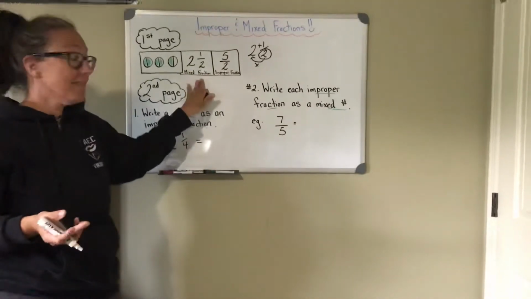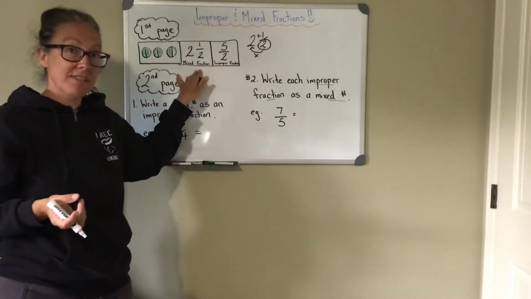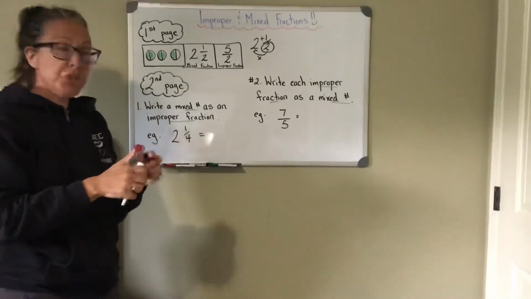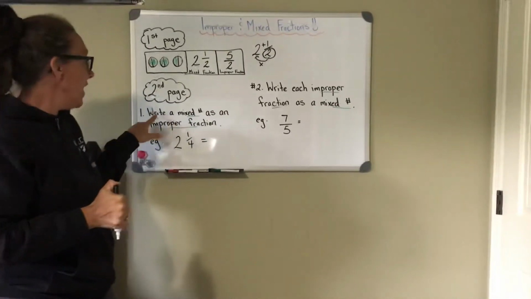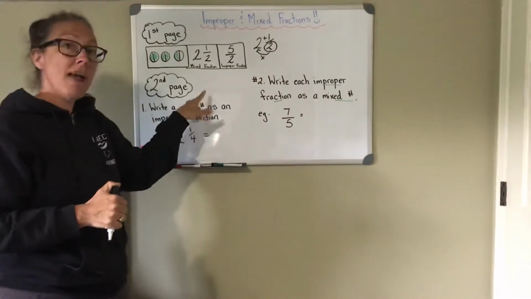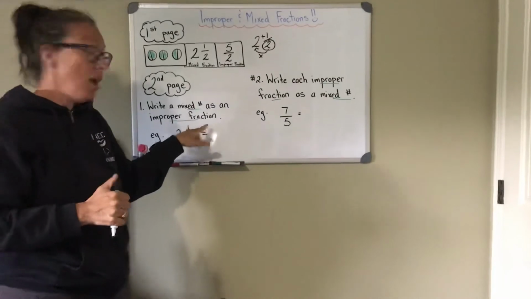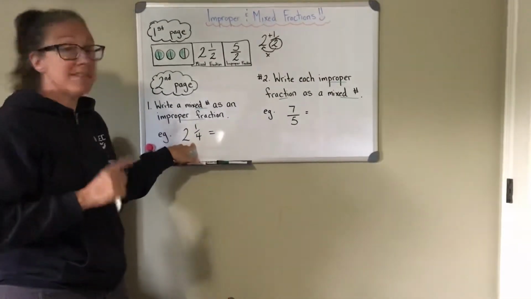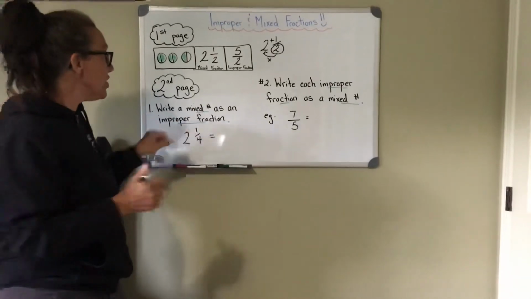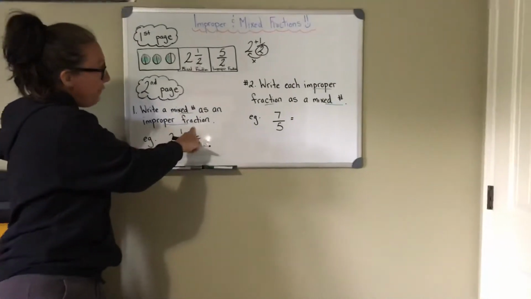Okay, so that's going to be on the first page of questions that you have today. On the second page, you're going to have two different sections. One, there's going to be a bunch of questions where they're asking you to write a mixed number as an improper fraction. So you're going to have questions, and this is taken straight off the page, 2 1/4. And they want you to write it as an improper fraction.